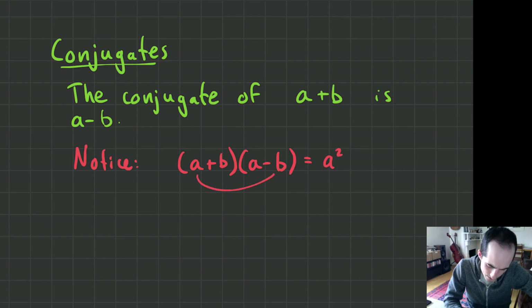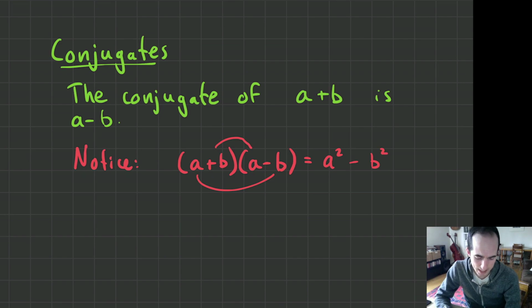Here we would have a times negative b and then b times positive a, so those would cancel out. And then we're left with b times negative b, which is negative b squared. So that's pretty nice, and we can use that to our advantage because we can rationalize denominators by multiplying things by their conjugate.